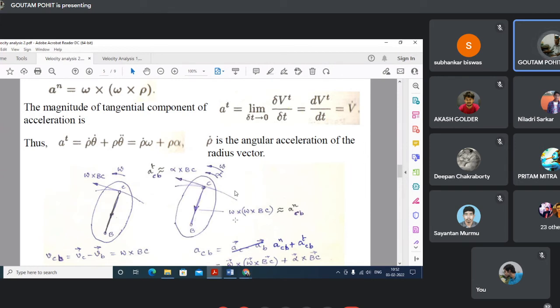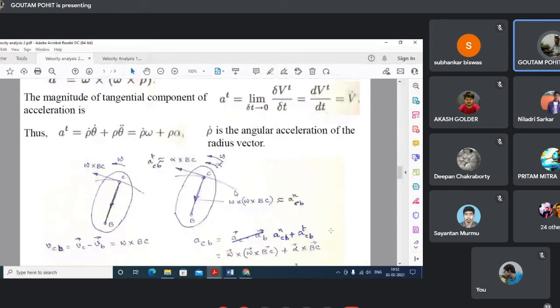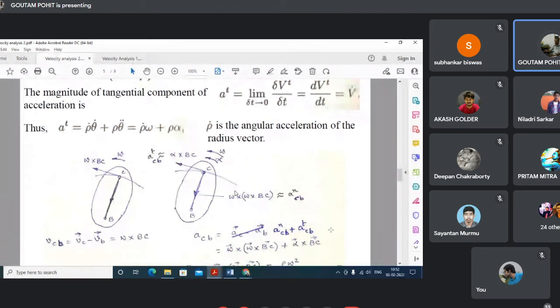And what will be its value? Omega squared into BC. So what will be the total acceleration of the point C with respect to B? ACB will have two components, the normal component given by this one and the tangential component given by this one.